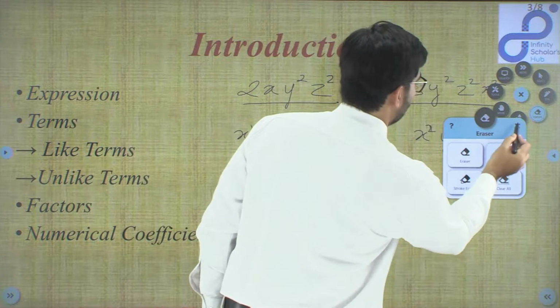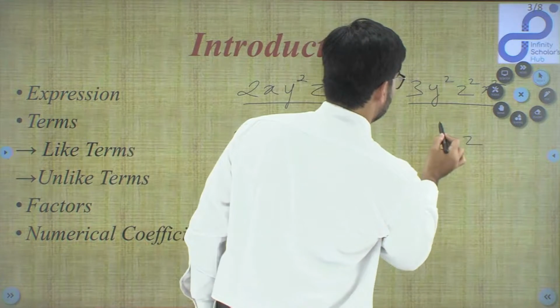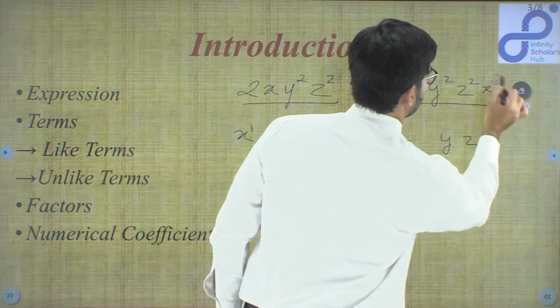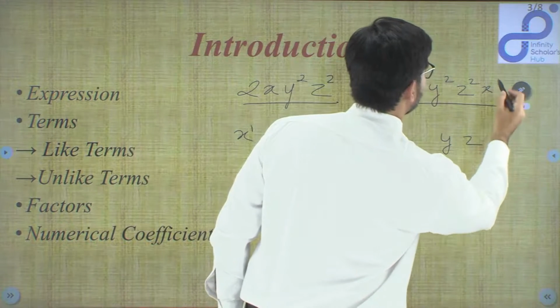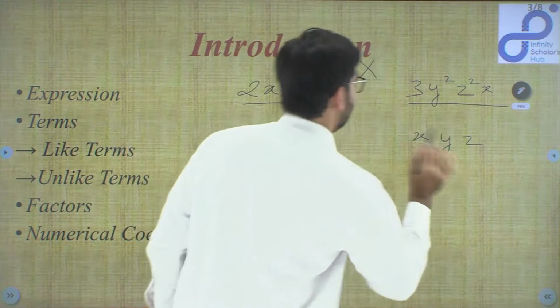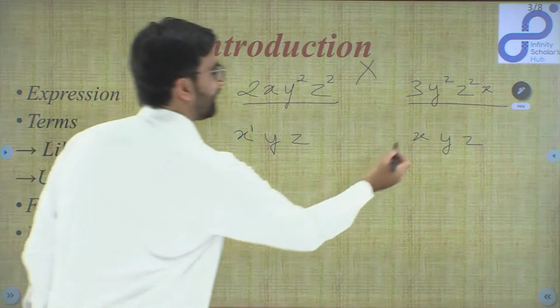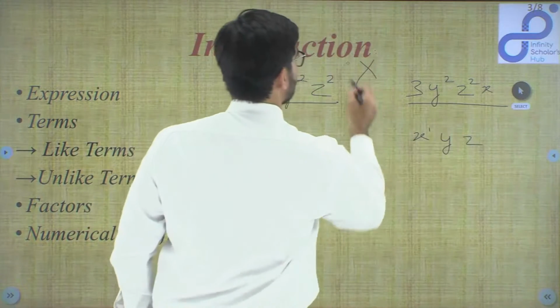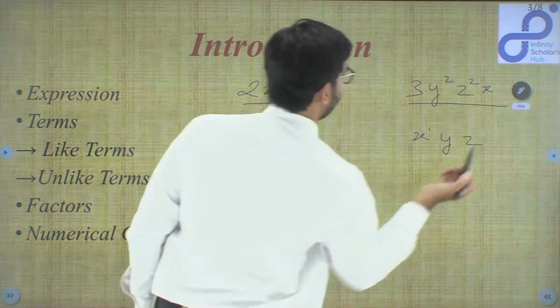So that means I will have to erase this. Okay, fine. So this was 1, right? So I will simply write x. So over here also the power of x is 1. Then what do we have? We have y.